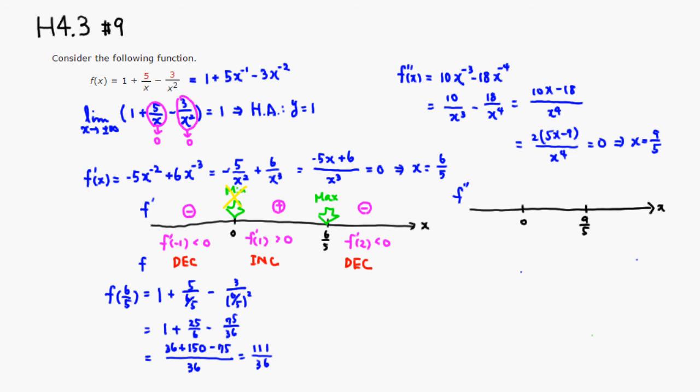Let's try f double prime of -1. If you put -1 here, that would be all negative, so it's negative there. If you try anything between 0 and 9/5, so I'll try 1, 5 times 1 minus 9 is still negative.